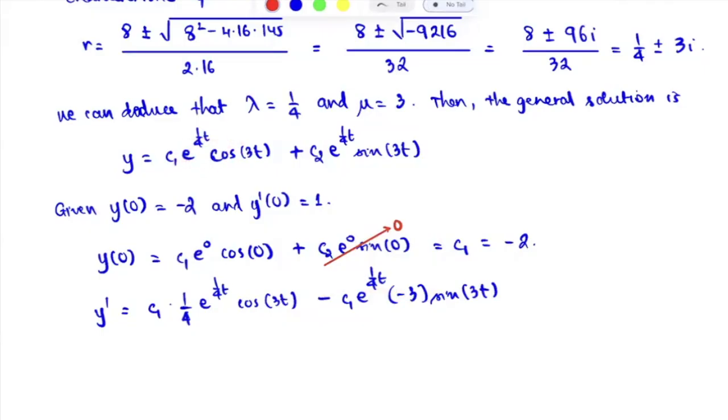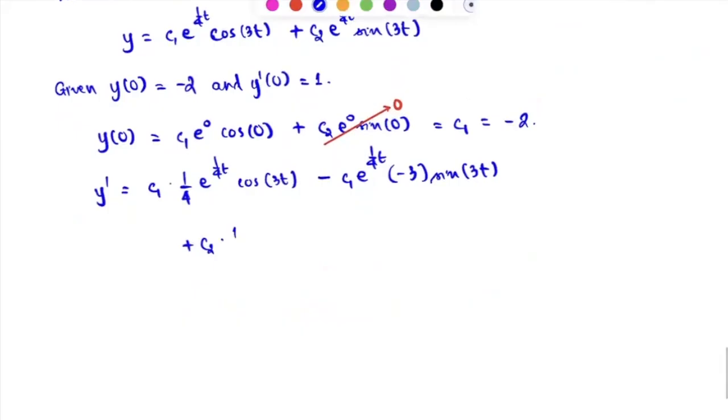And the next two terms come from the derivative of this product. So you have plus C2 times 1/4 times e to the 1/4 t times sine of 3t plus C2 times e to the 1/4 t times 3 times cosine of 3t.